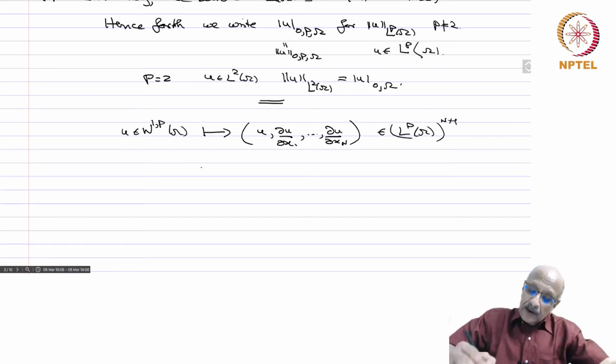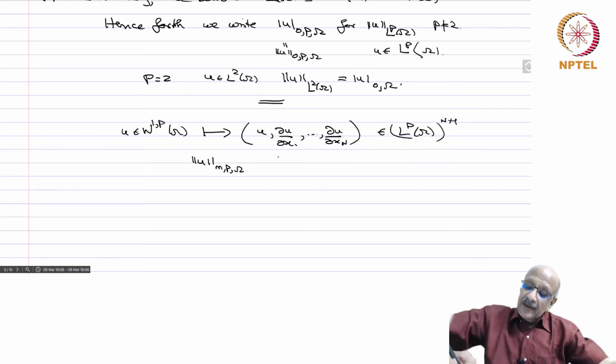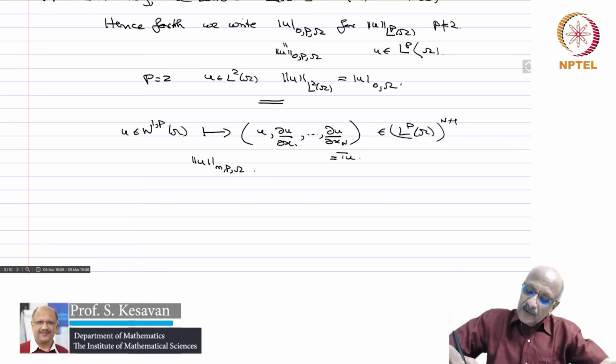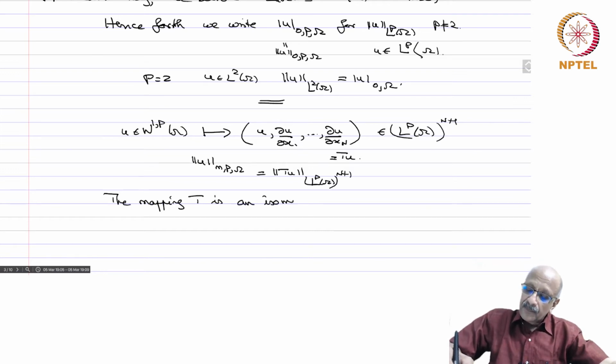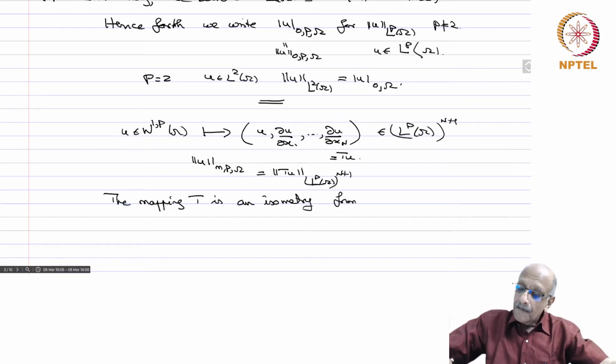This means that the norm of u in W^{1,p}(Ω) as we define is, let us call this Tu, the same as the norm of Tu in L^p(Ω)^{n+1}. So the mapping T is an isometry from W^{1,p}(Ω) into L^p(Ω)^{n+1}.